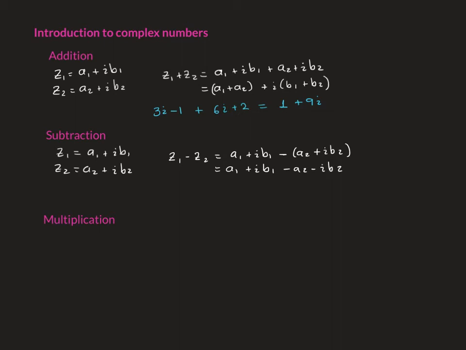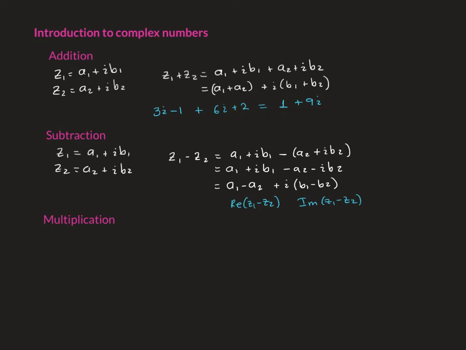And then the only difference with respect to the sum is that for the difference of two complex numbers, the real part is the difference of the real parts, and the imaginary part is the difference of the imaginary parts. For example, let's take a difference of two numbers.